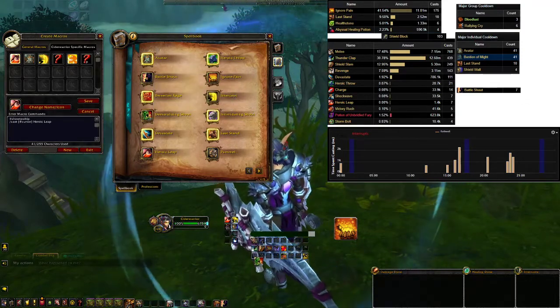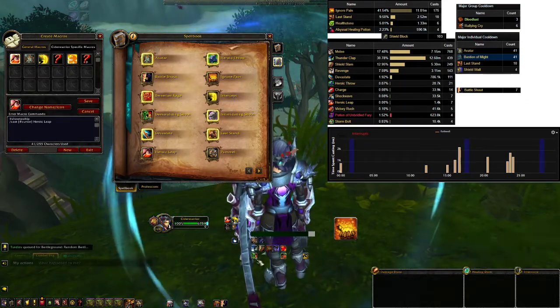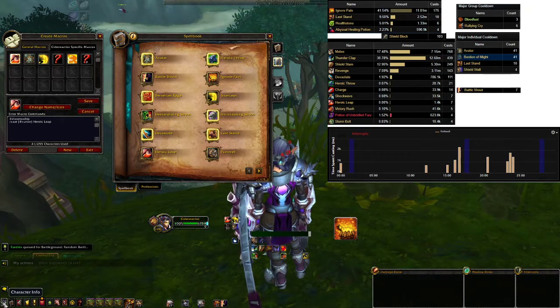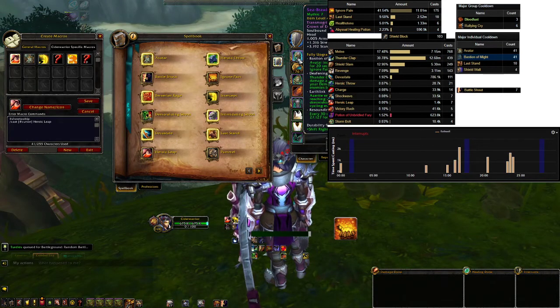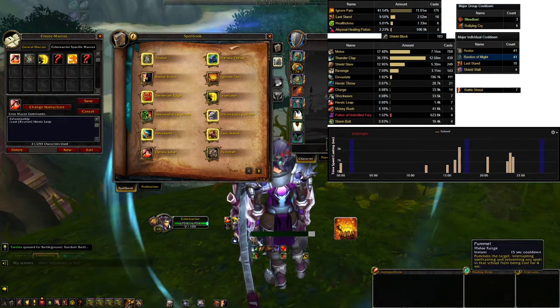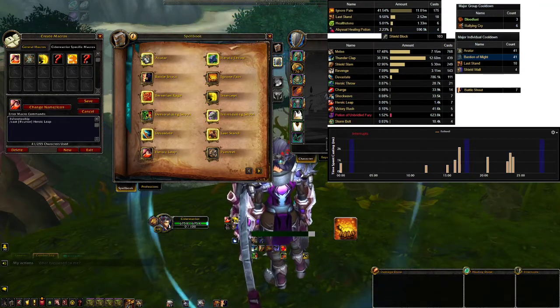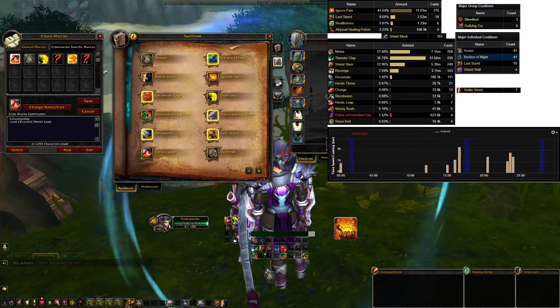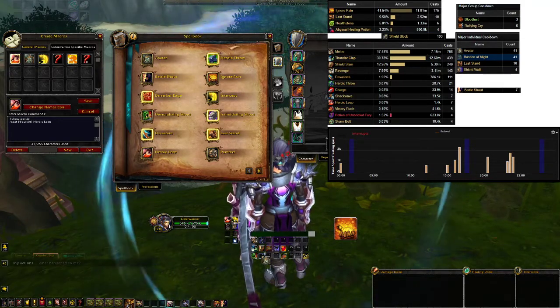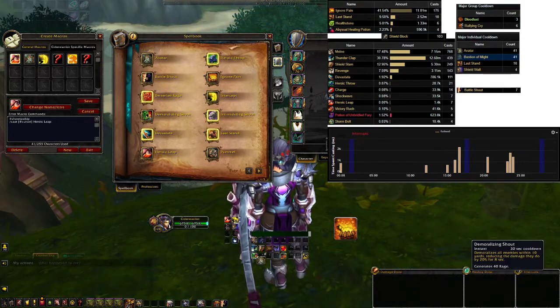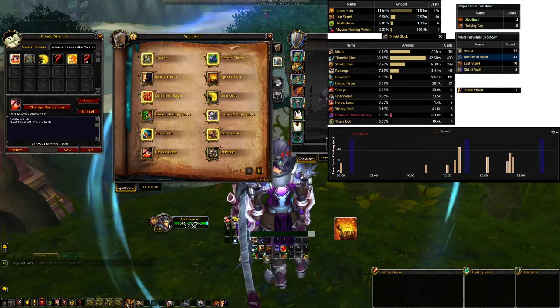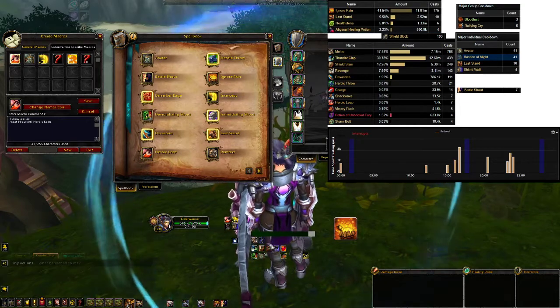Demoralizing Shout is tied to a trait I have, which is Deafening Clash, which connects these two. Avatar, we would love to put it in the same vein. It wants to share the same spot. We'll put it near.